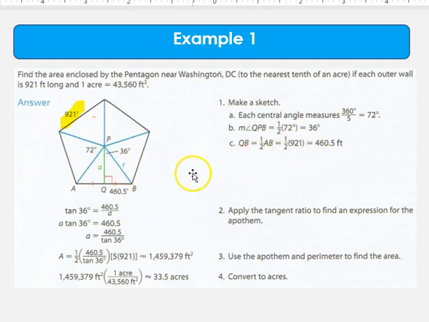Now, each central angle is going to measure 360 divided by 5 side lengths, which is 72 degrees. So this is 360 divided by the 5 sides of the pentagon. So each central angle will equal 72 degrees, and it's here in the drawing.